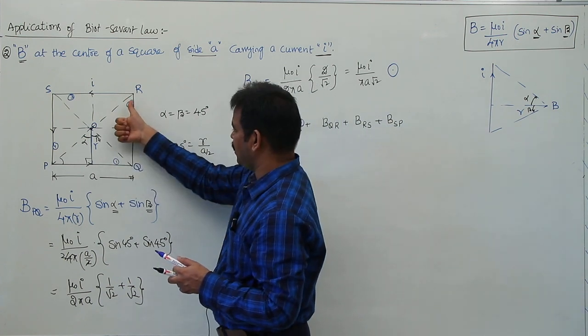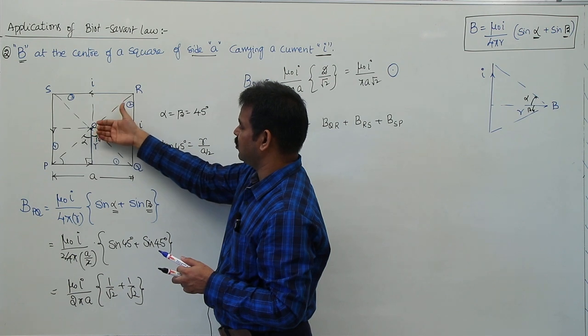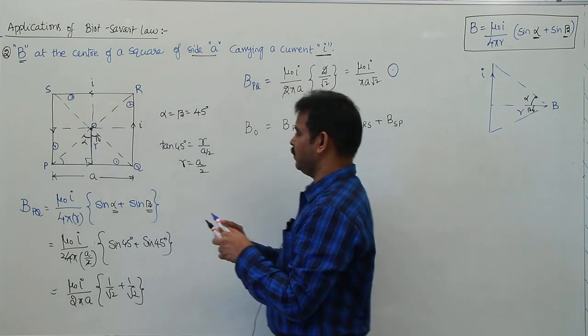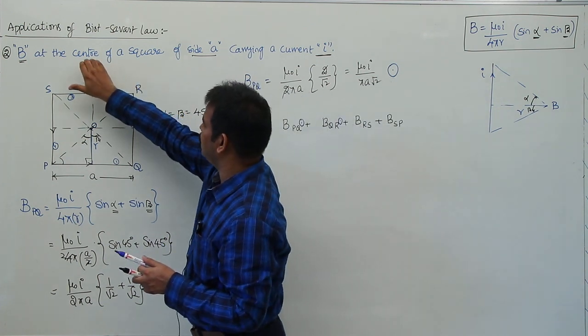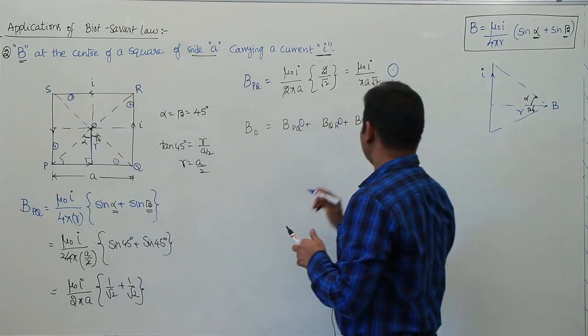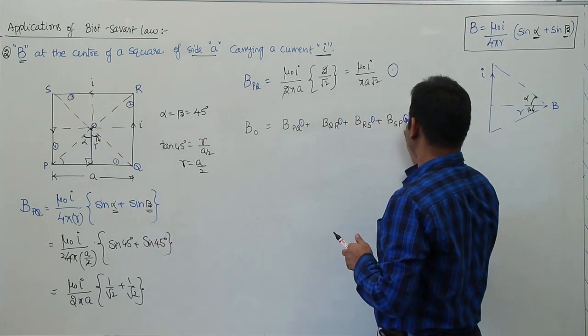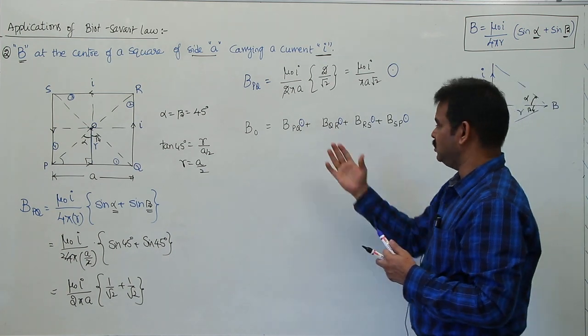Keep the thumb in the direction of current and curl the fingers wherever you need to find the direction of the magnetic field. Here it is outside. So this is outwards. Here field is inwards above the square, but below the square it is outwards. So this is outwards and this is also outwards. So all magnetic fields are acting outwards only as they are vectors.